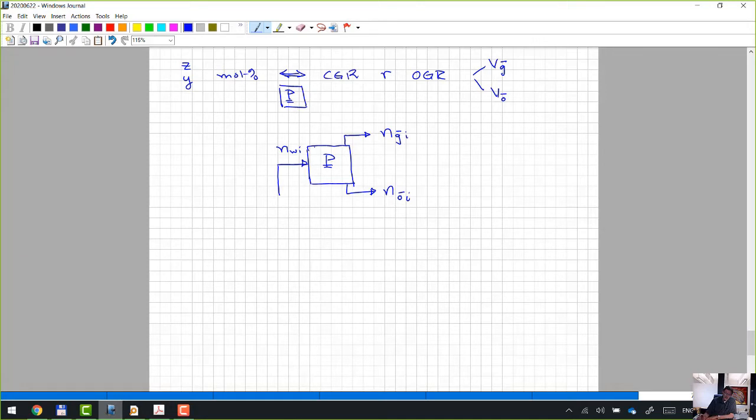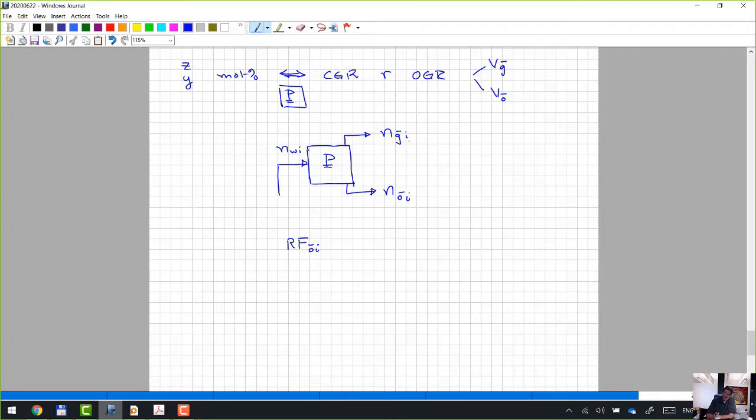So what we're going to do is define a recovery factor of a given component. What we know is that if we can get more of that component in the surface oil phase, we'll get more value for it, because we generally get a higher value for our condensate product than our gas product.